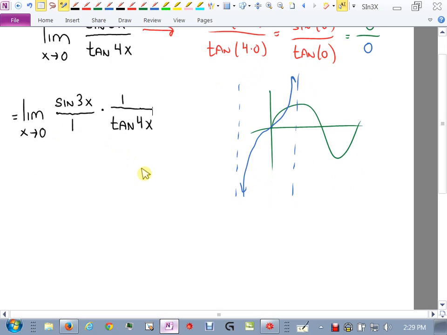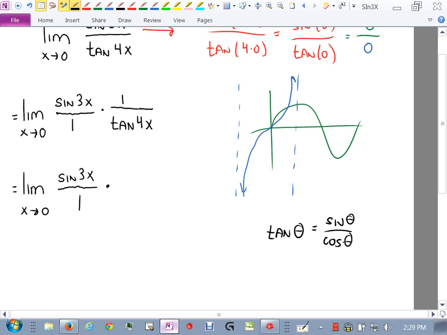So the standard technique that I like to tell the Cal 1 students to do is, whenever faced with something like this, rewrite everything in terms of sine and cosine. What is tangent? By definition, tangent of theta is sine theta over cosine theta. Y'all remember that? So what is 1 over tangent?